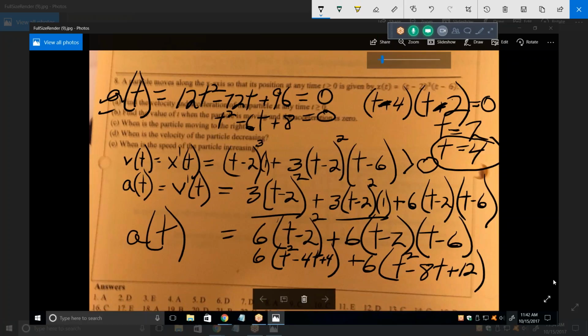But we have to solve this equation for being greater than 0. Let me look at that equation for a moment. That's a cubic.